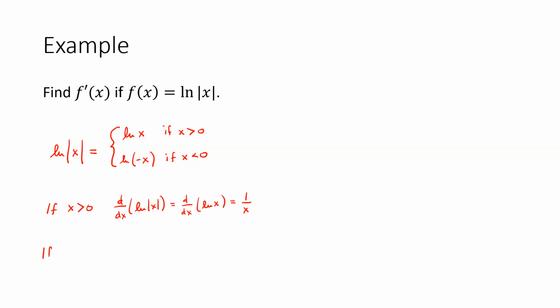On the other hand, if x is less than 0, then the derivative of ln of the absolute value of x is equal to the derivative of ln of negative x. So applying the chain rule here, we have 1 over negative x times the derivative of negative x, which is -1. But then these negatives cancel, leaving me with just positive 1 over x.